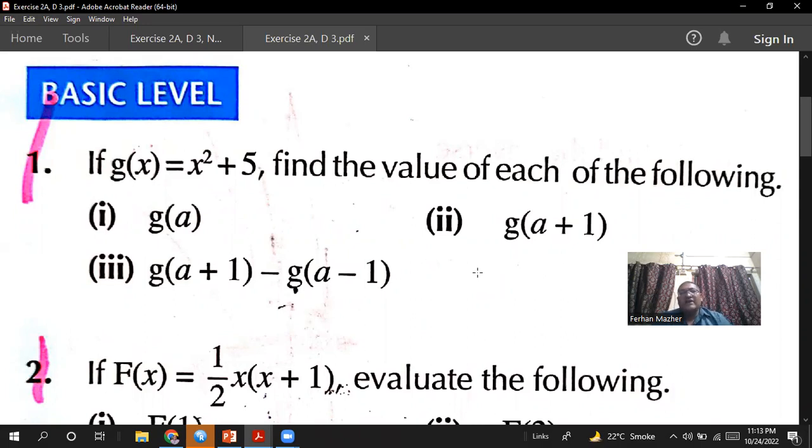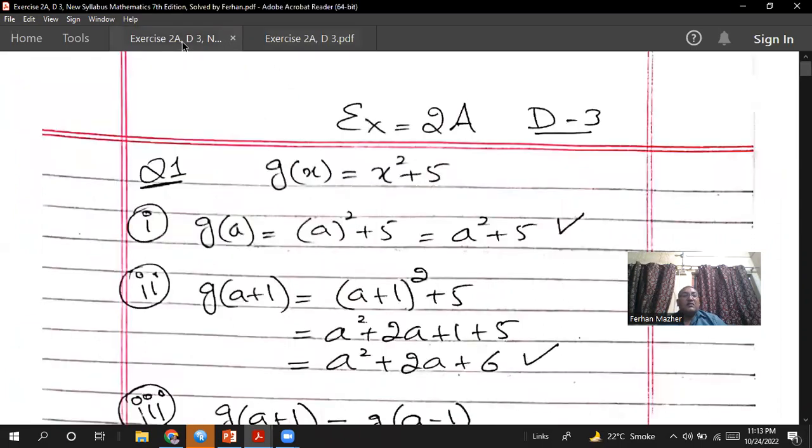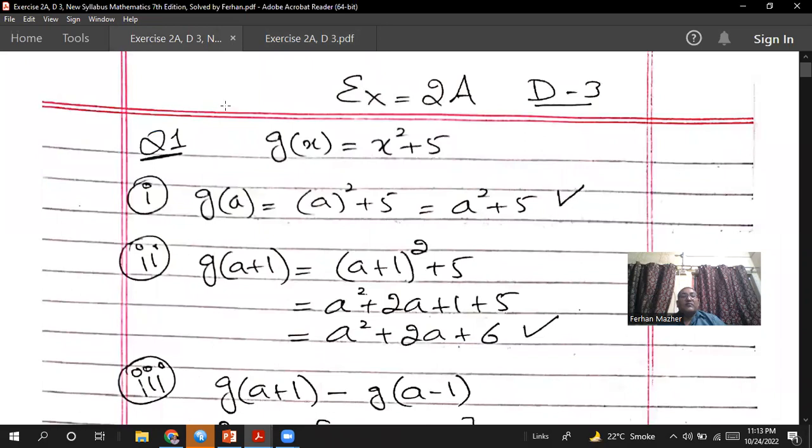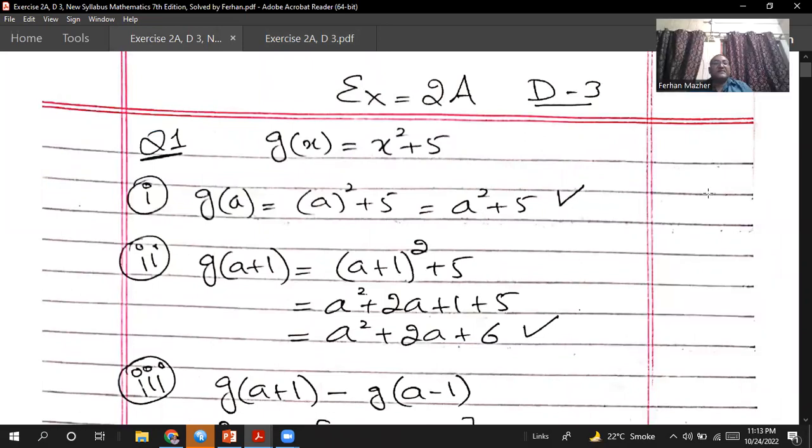The expression for that function is given, and wherever there is the variable in that function, you will substitute that with the a. It's very simple. So g of a will be, in the place of x, substituted with a, so you will have a square plus 5. So a square plus 5 is the answer.